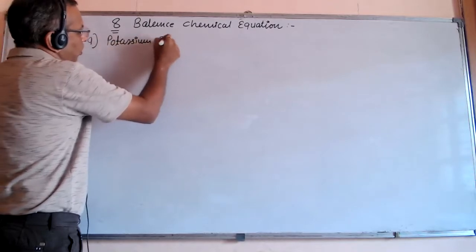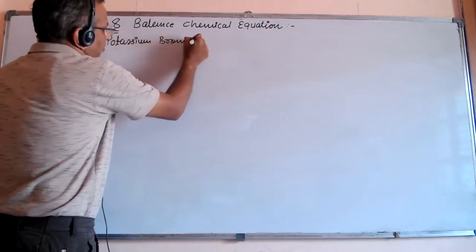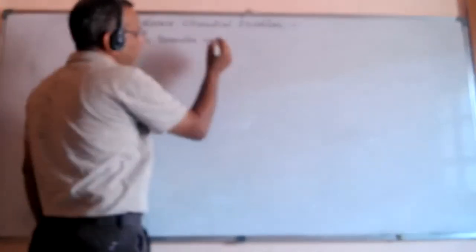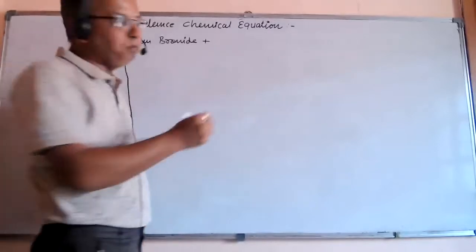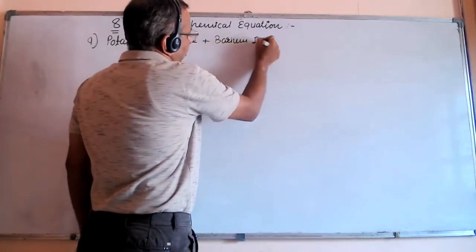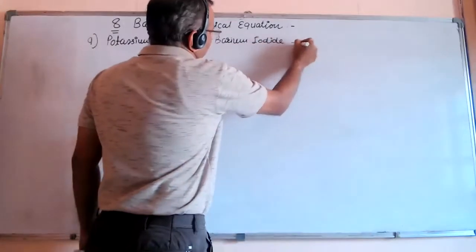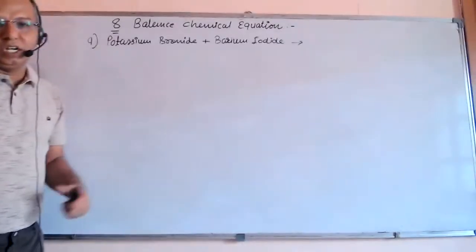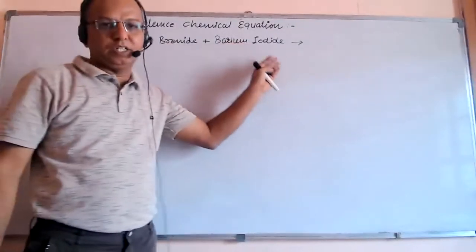So potassium bromide react, friends, with barium iodide. These are called reactants which are given on left hand side.